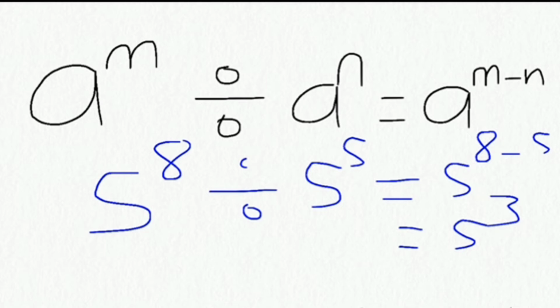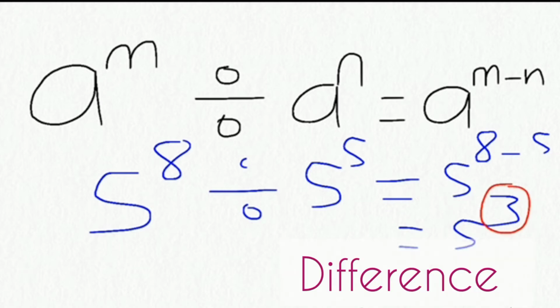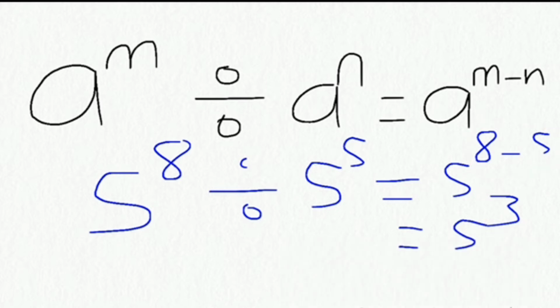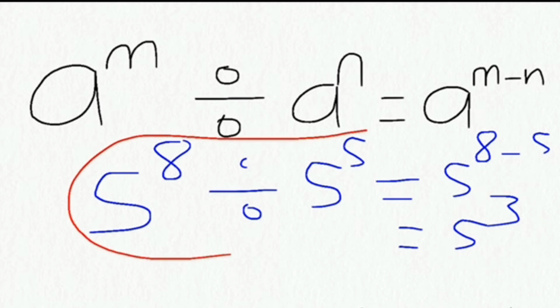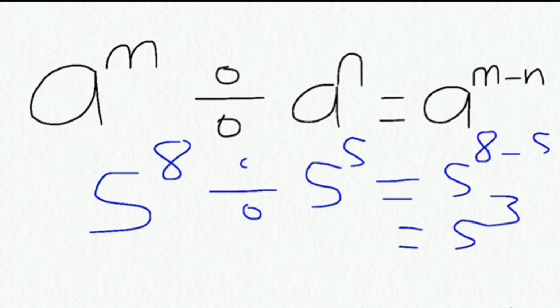Now we have 5 to power 8 minus 5, which is equal to 5 cubed. This 3 is a result of 8 minus 5. And this one, 5 cubed, is the same as 5 to power 8 divided by 5 to power 5. We will prove that one on a calculator later.